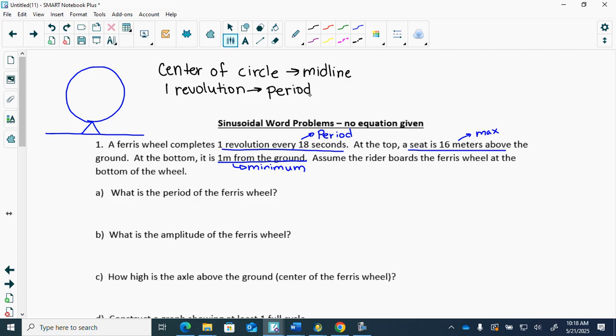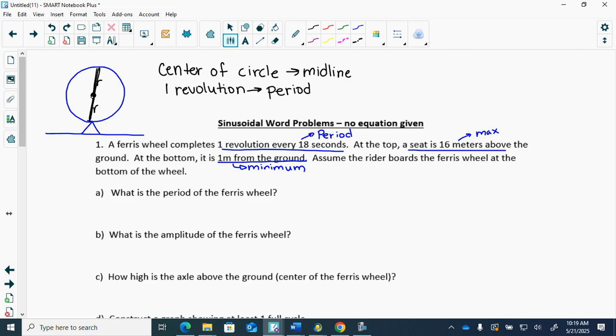And the radius, guys, is from center up, center down. What's that the same as? In an equation, in a graph, center, same distance down, same distance up. Amplitude, the radius. The radius is the same as the amplitude of a function, because it's half the vertical distance, correct? Between the min and the max.